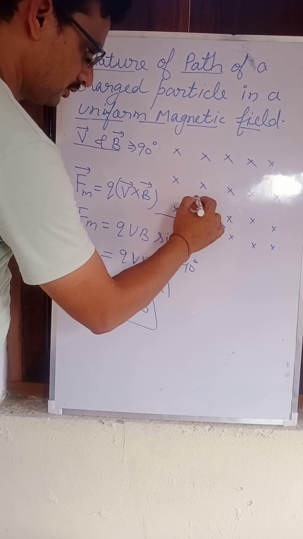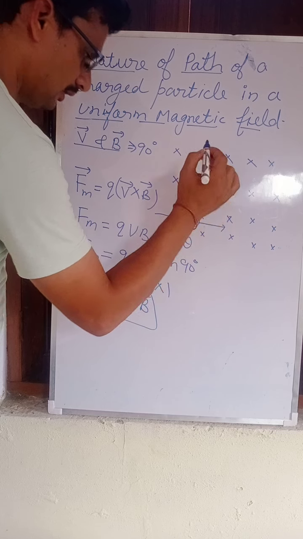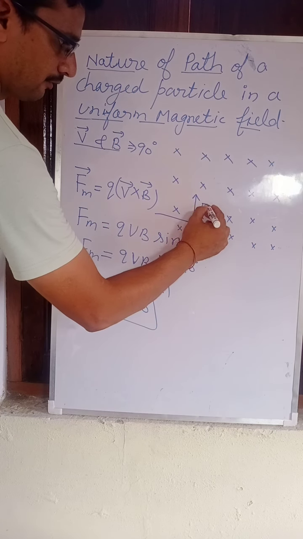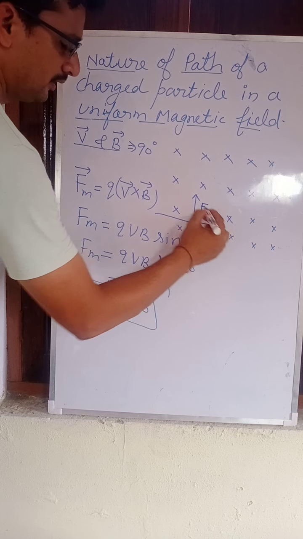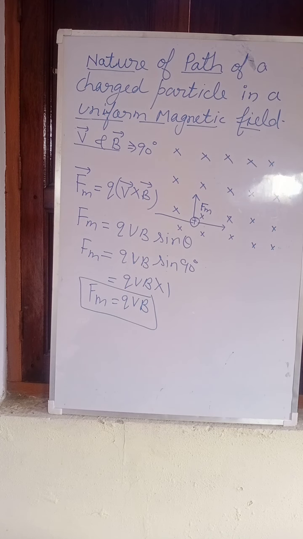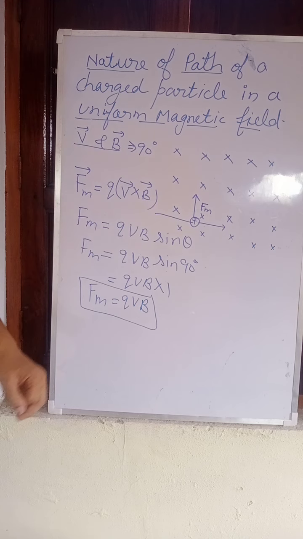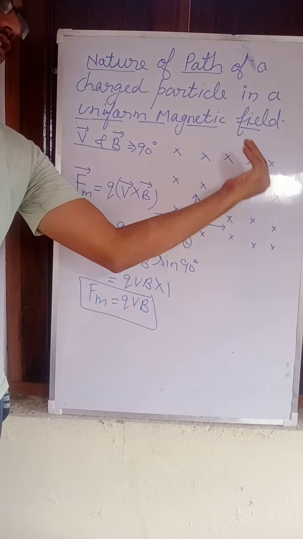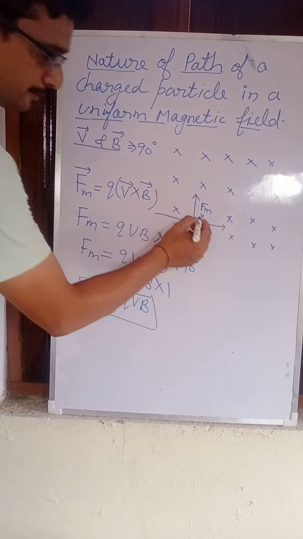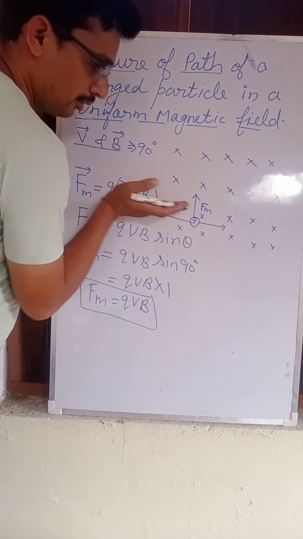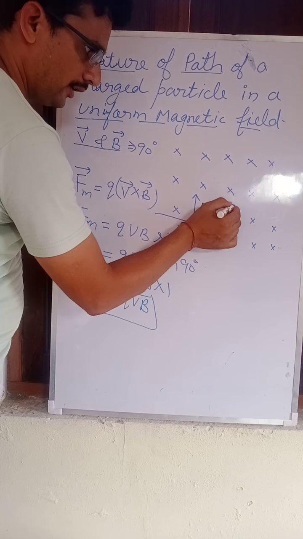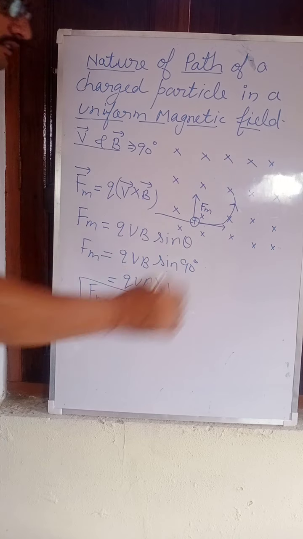So force will be in the upward direction. Due to the influence of this force, the charged particle moves in the upward direction. So the charged particle will not go in a straight way, it will deflect in the upward direction like this.